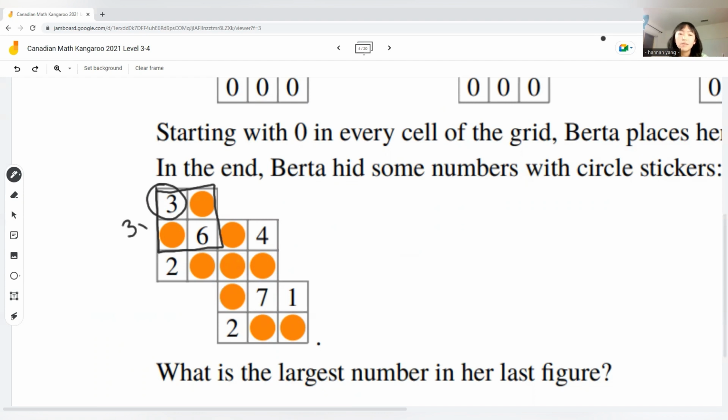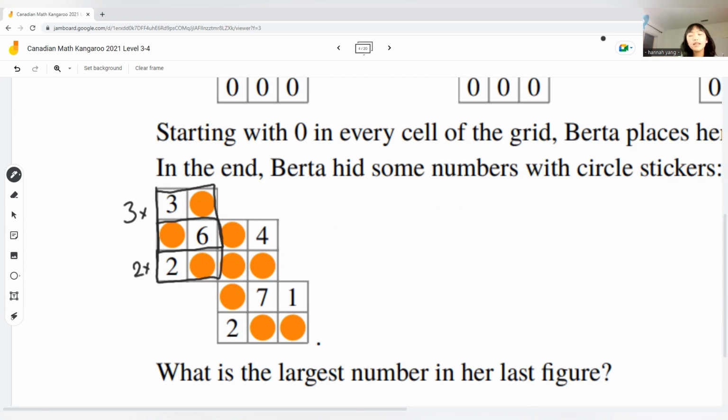Therefore, it only represents the number of times that this 1 square has been overlapped. Now, let's take a look at 2 over here.